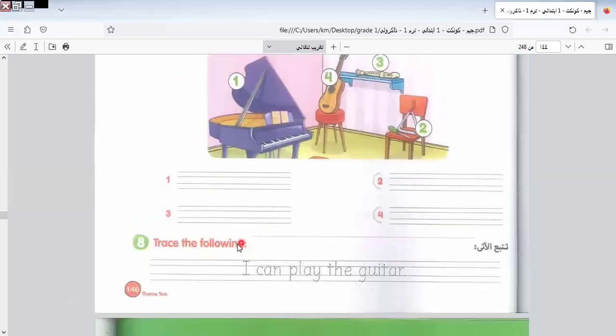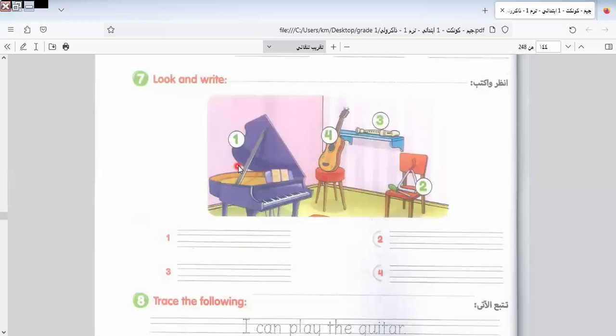Here, what can I write here? I can play piano. I can play guitar. I can play flute. I can play triangle. I will write two of them and I will leave the rest to do by yourself. I can play piano.